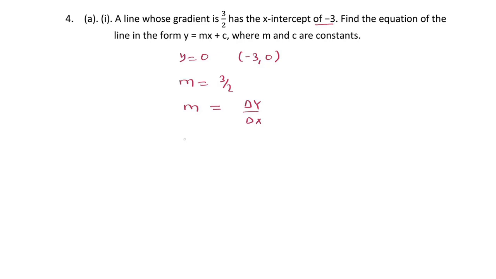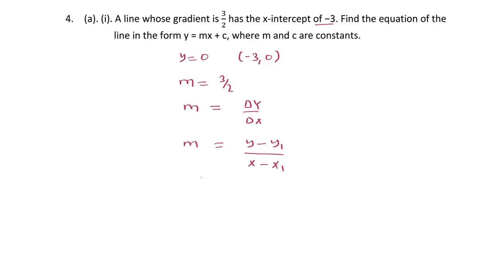Symbolically, we can write this as m equals y minus y1 over x minus x1. Okay, so we have the values for x1 and y1, which equal -3, 0, and we have the value for m, which equals 3 over 2.